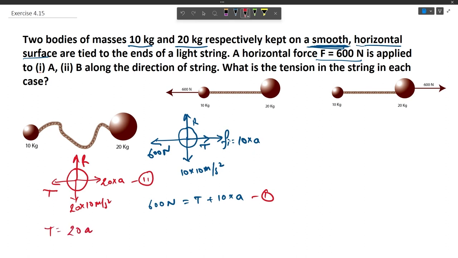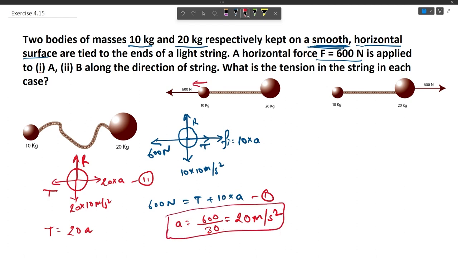So substituting T equals to 20a in equation number 1, we will get acceleration of 600 divided by 30, or we will get it as 20 meter per second square in the assumed direction, that is in the direction of force. So this is the acceleration that we have got.